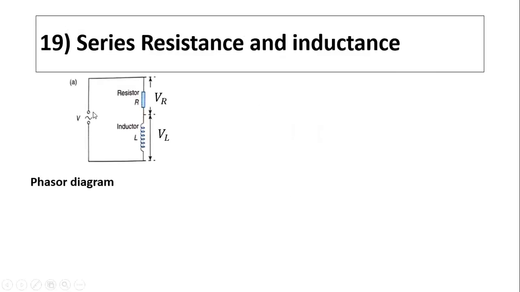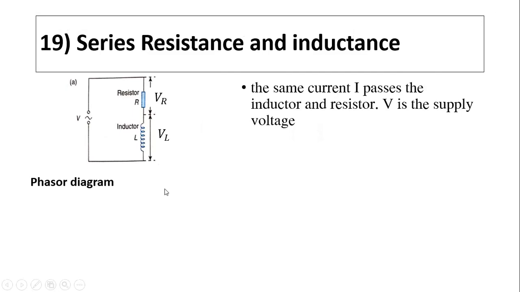RL in series. There's your alternating voltage supply. There's your resistor. There's your inductor. Across that is your VR, across that your VL. Same current passing through the inductor and the resistor. V is the supply voltage.